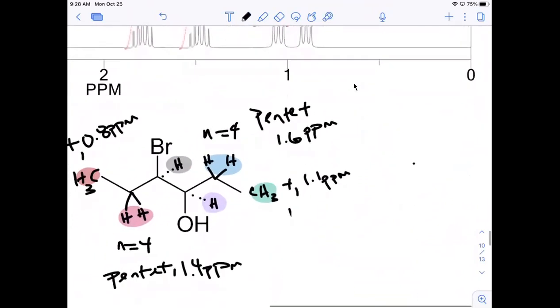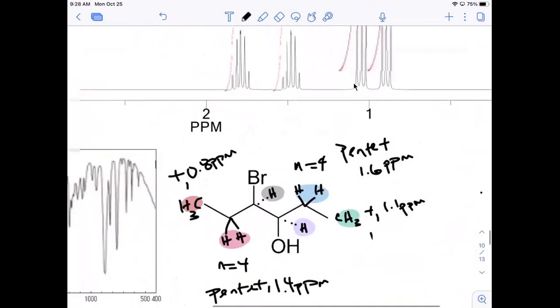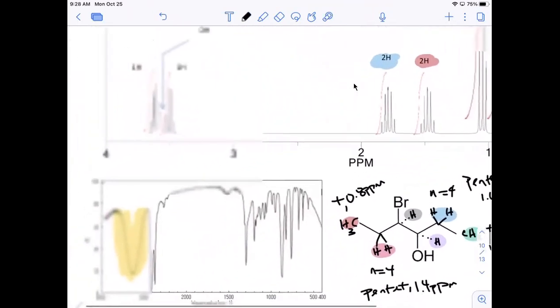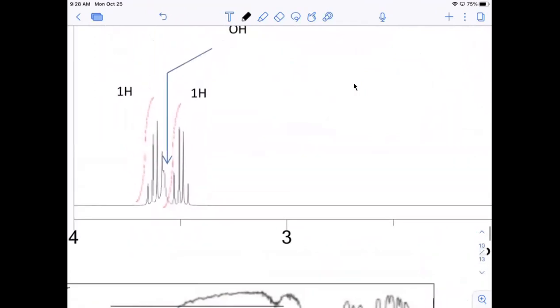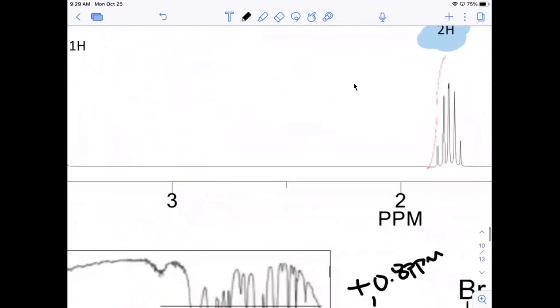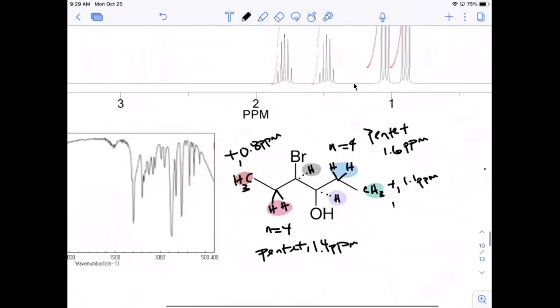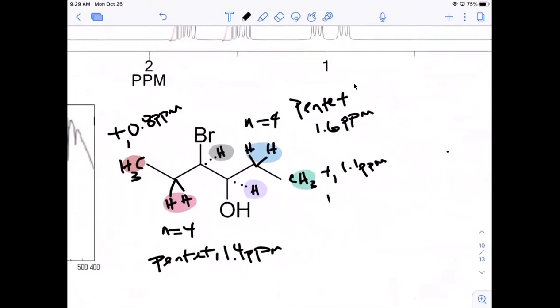So we only got 2 protons left, and that's these. And you can see now here, the resolution is pretty bad because there's some overlap with the OH proton, but we can still determine what the splitting pattern should be. So what would the splitting pattern be for the gray color proton that's adjacent to bromine?